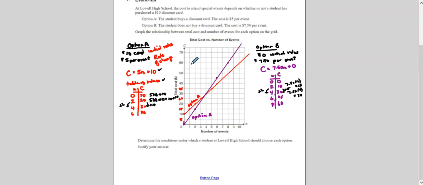All right. So if you were buying, okay, there's 2 scenarios. There's one where for option A, you have this area and then you have this area. And there's something significant about this. That point right there is called my point of intersection.